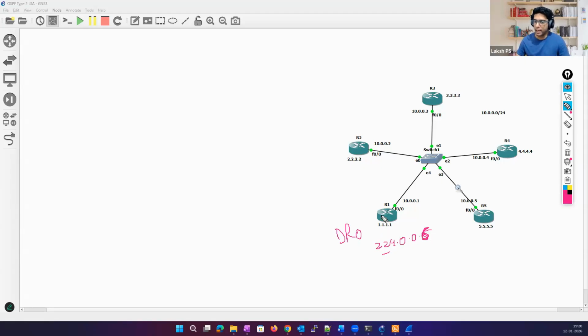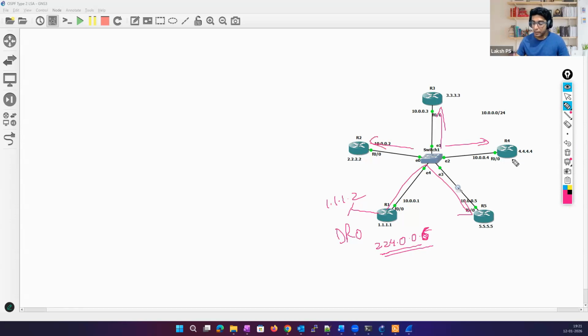So let me add one IP address on R1, that is 1.1.1.2. R1 will share this as an update at the multicast address of 224.0.0.6, which will be sent to R5. It will be sent to R3, R4, R2 as well.